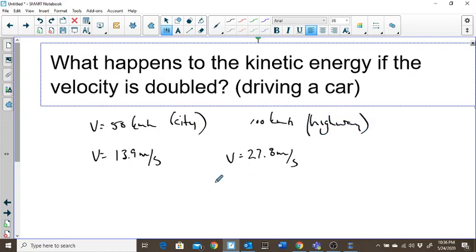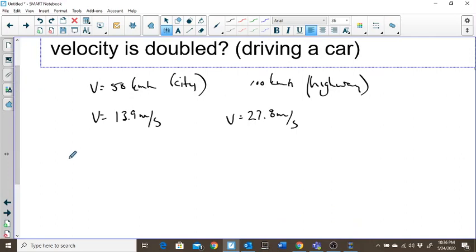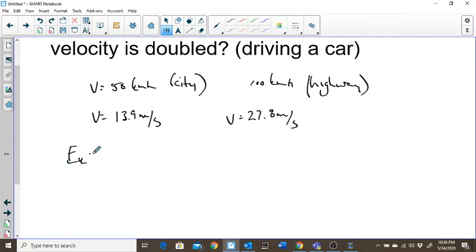Okay? So how do we calculate kinetic? What happens to the kinetic energy if the velocity is doubled, right? Well, our EK is equal to 1/2 mv squared. What's our m? What's the mass of our car? I'm going to say right now it doesn't really matter.